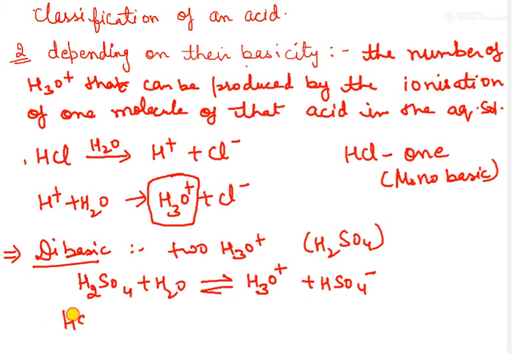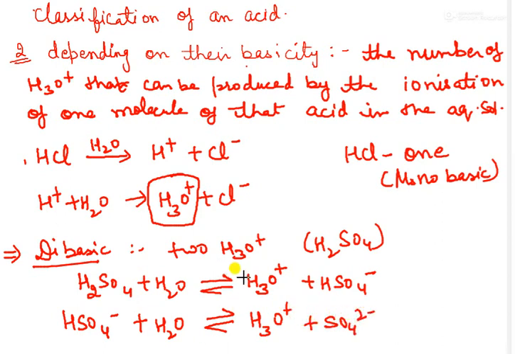Then this HSO4 negative ionizes again with water, forming a hydronium ion and a sulfate ion. So the ionization takes place in 2 steps. This is the first hydronium ion and this is the second hydronium ion. So in H2SO4, 2 hydronium ions are formed, so that's why it is dibasic.